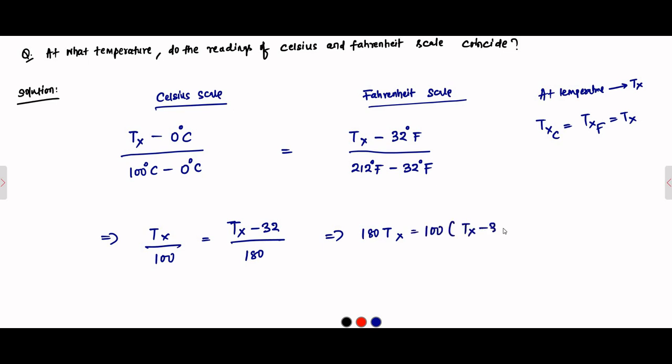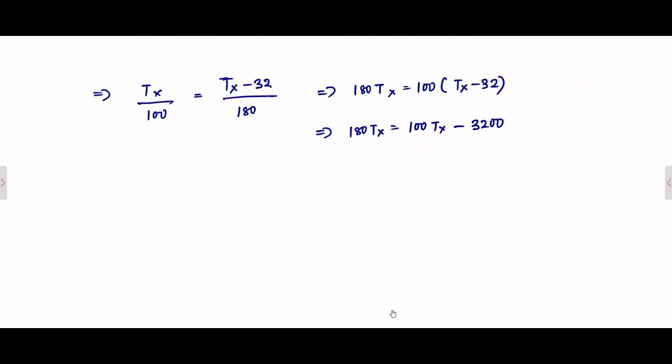Okay, that implies, cross multiplying, 180 Tx is equal to 100 into Tx minus 32. That implies 180 Tx is equal to 100 Tx minus 3200. That implies 180 Tx minus 100 Tx is equal to minus 3200.